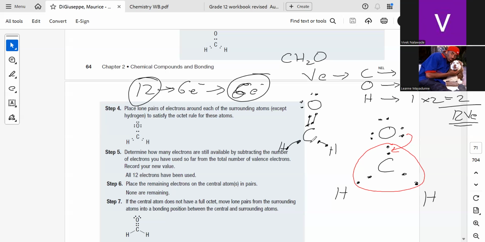So carbon has 8 electrons, oxygen has 8 electrons, and hydrogen has its 2 electrons. So all of them have their octet or duplet completed. Okay, I copied that.